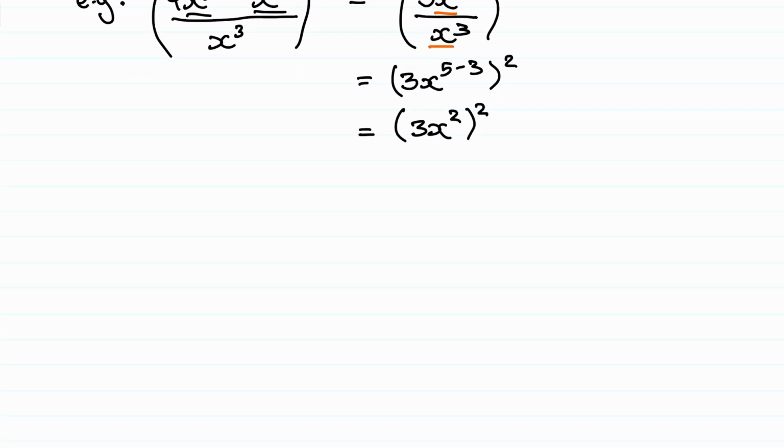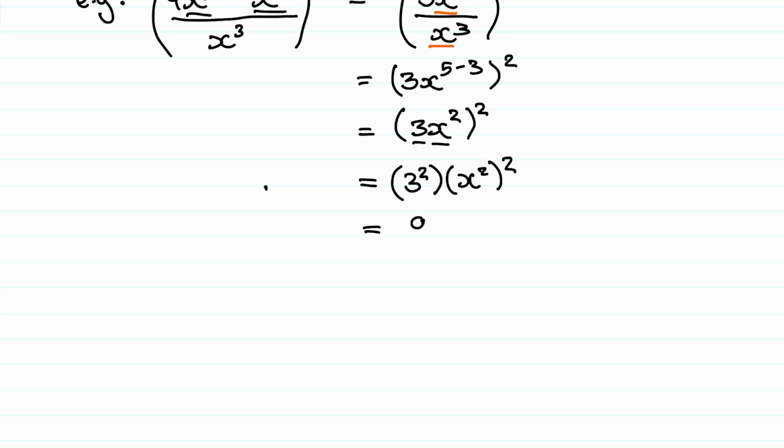Now what can we do here? Well, this is kind of a combination of two rules, isn't it? So we've got two things multiplied, haven't we? This 3 and this x squared, all squared. So we have to apply that rule and square each of them separately. So we'd get 3 squared multiplied by x squared, all squared.